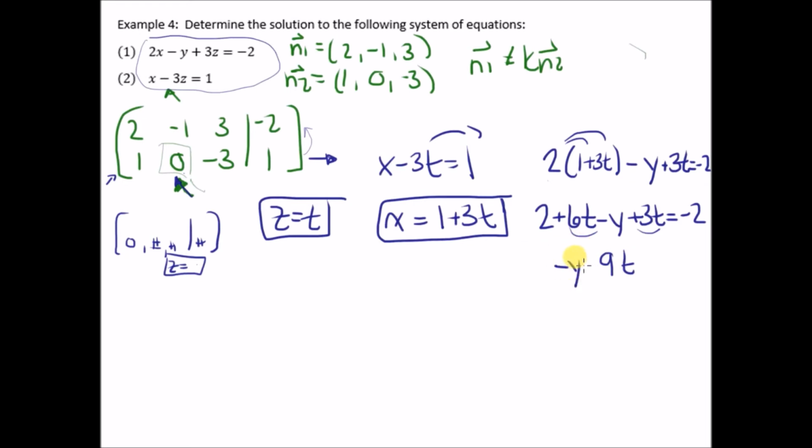We'll leave the negative y. And then we'll bring that 2 over. Negative 2 minus 2 is negative 4. Okay, so I get y equals, bring this over, negative 4 minus 9t, but then we'd have to divide out that negative 1, so we just negate each term.